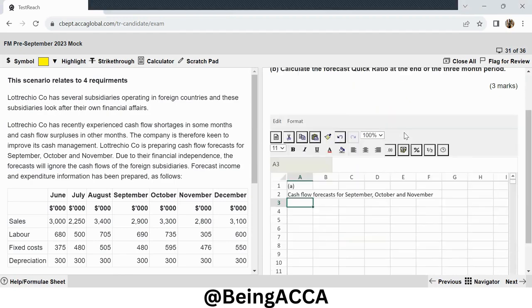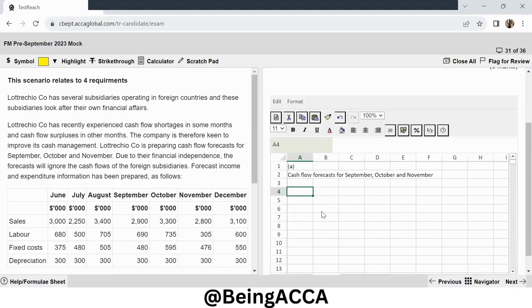So let's get started. Let us put the names of the months first of all: September, October, and November. And then over here, we can write cash flows.